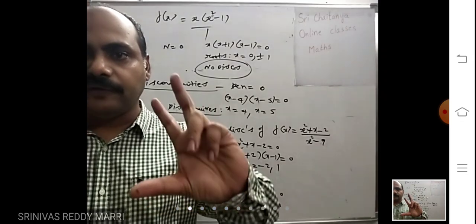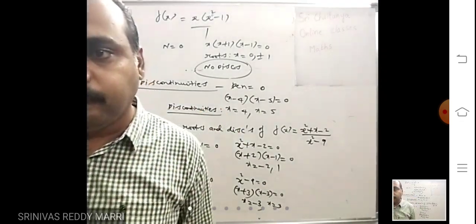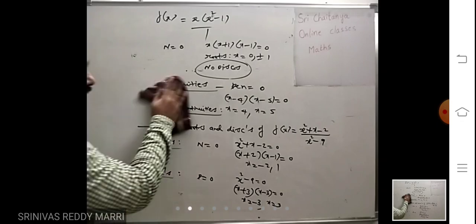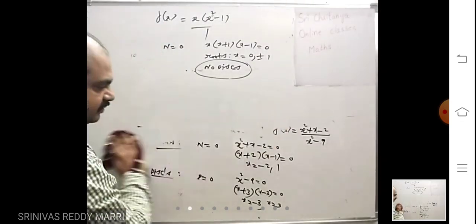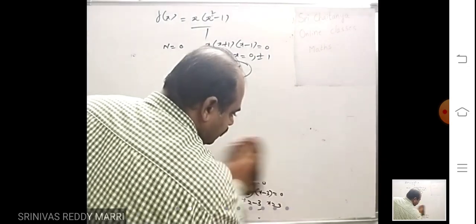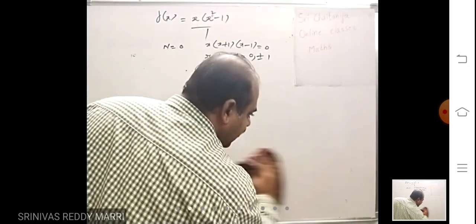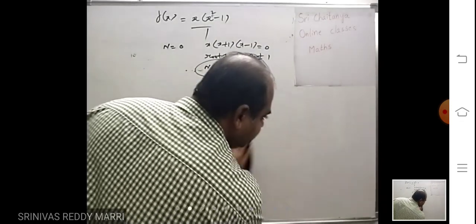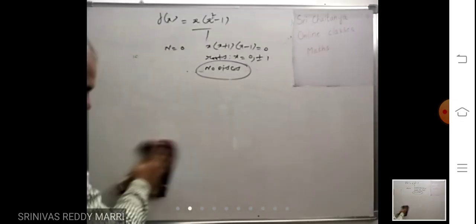Like that, if f of x is given, this is how to find roots and discontinuities. Now I will tell the method of how to solve. Suppose you have to solve an inequality where there are more than two factors.